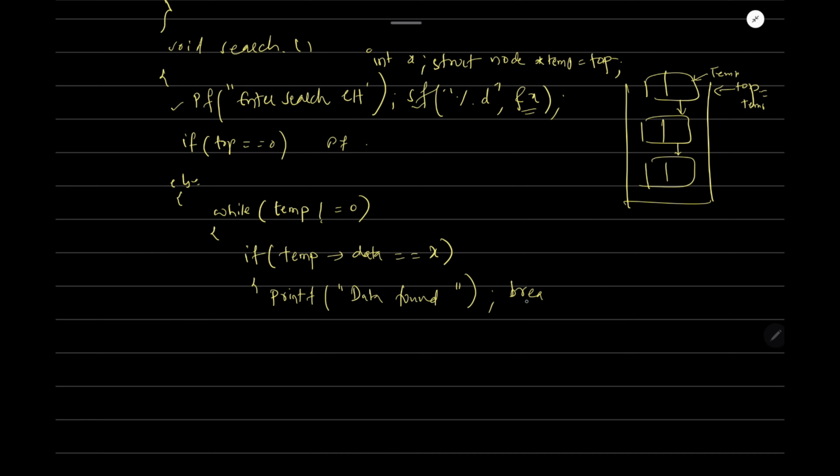Before that we can do something. Let us also take something like a flag. Initially we will initialize it to 0. If the element is found, then flag is equal to 1, and then we will break from the loop.